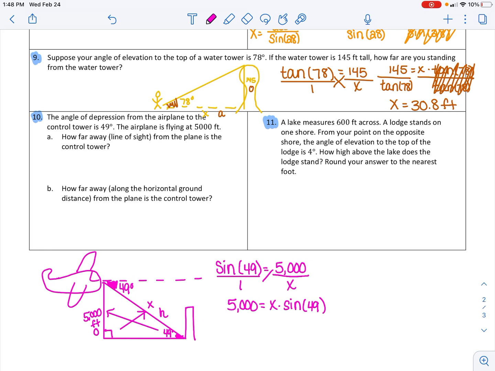And then again, like we've been doing on number 9 and number 8, we are going to divide by the sine of 49 to get our final answer.